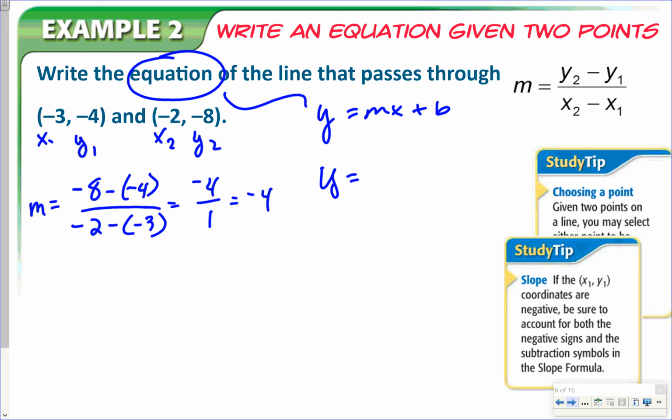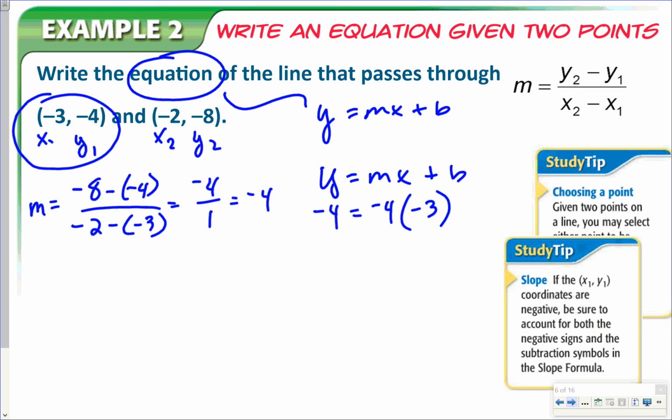So I'm going to start out with my slope-intercept form. I'm going to use the first point, this one right here. That's my x1, y1, so I'm going to put -4 there. My slope is -4. For x, I'm going to put -3, and then plus b. Good. -4 equals 12 plus b.